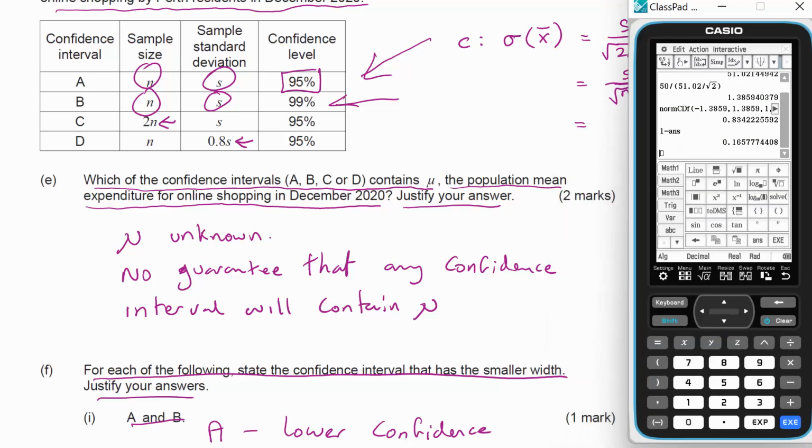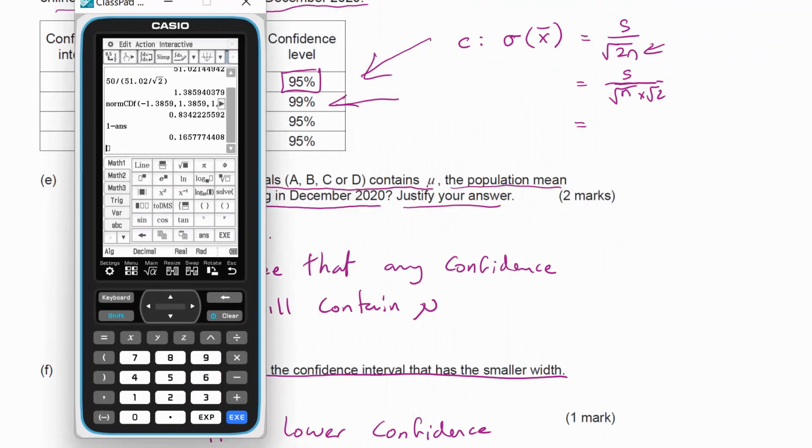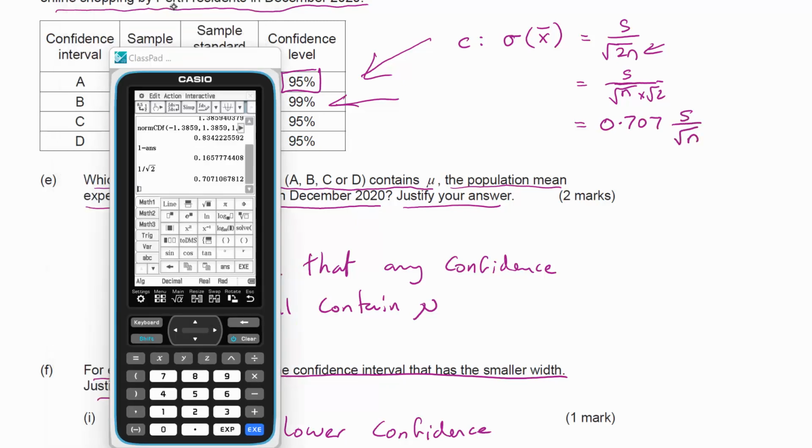So if I do 1 divided by root 2, that gives me 0.707. So this one is 0.707 S over root n.